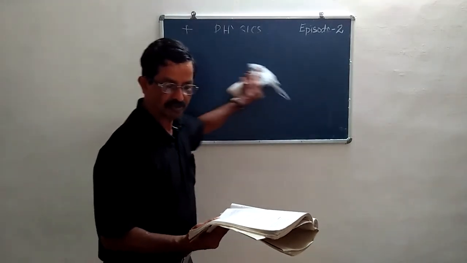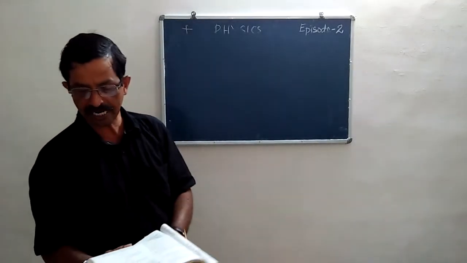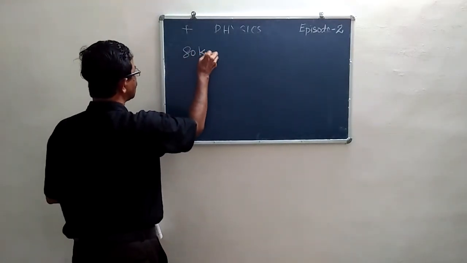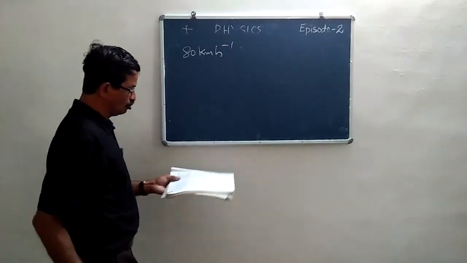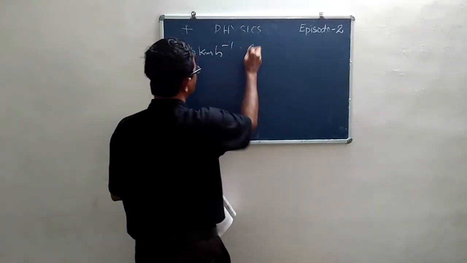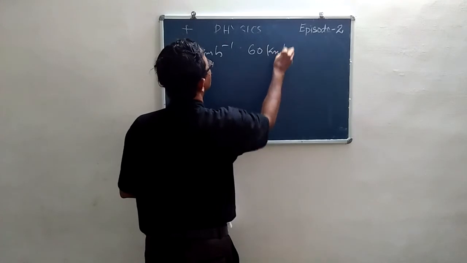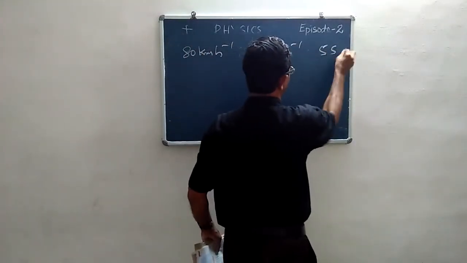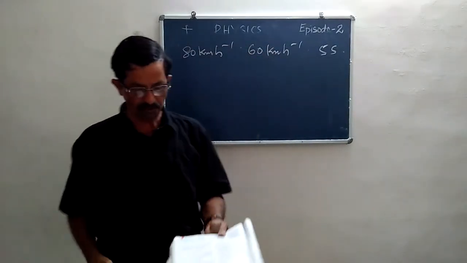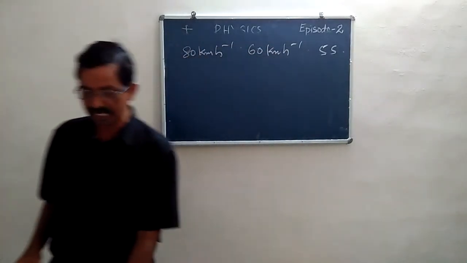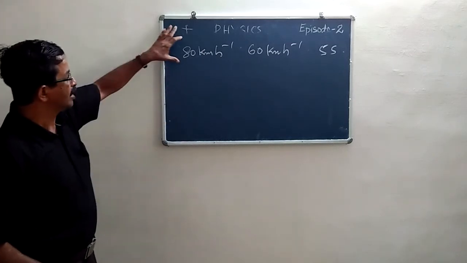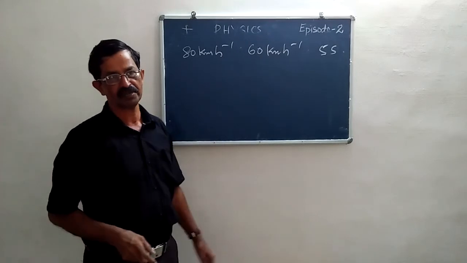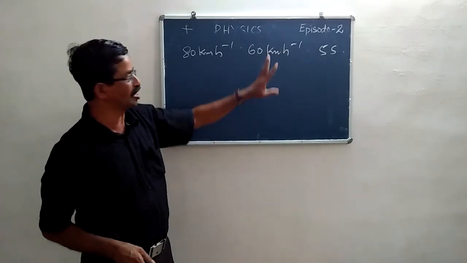Now another question. A bus decreases its speed from 80 km per hour to 60 km per hour in 5 seconds. What are the values given here? We want to find its acceleration.